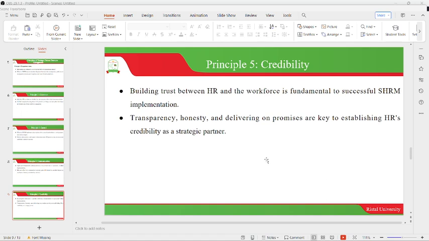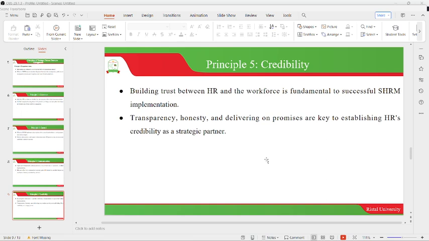So there should be trust between the workforce, which is the employees of the organization, and the department, which is the human resource. If the human resource and the workforce do not have trust, then there will not be a strategic element of human resource management, because it's about trust.